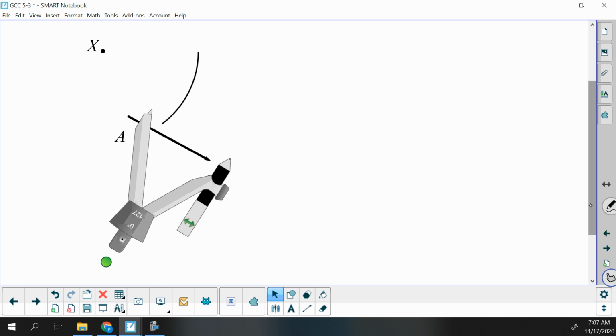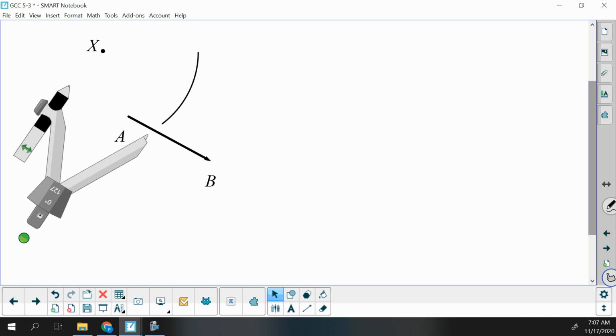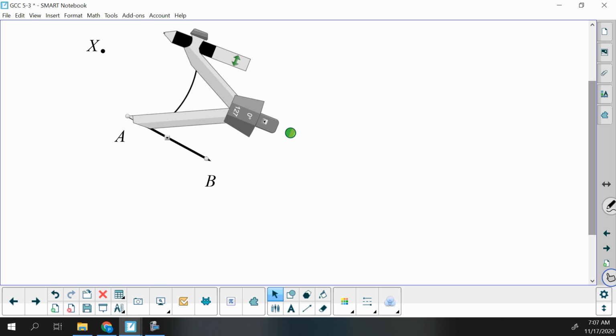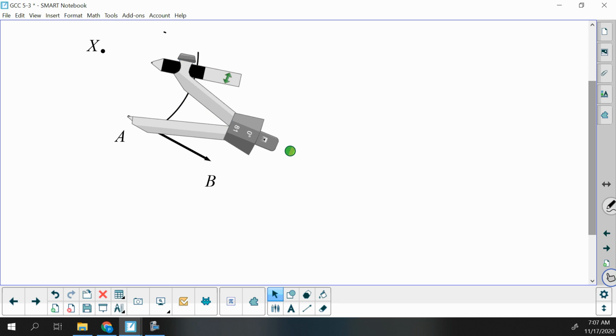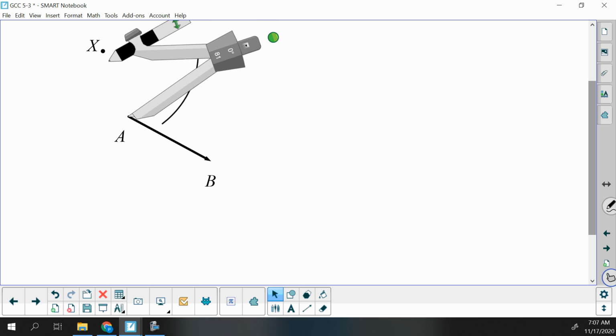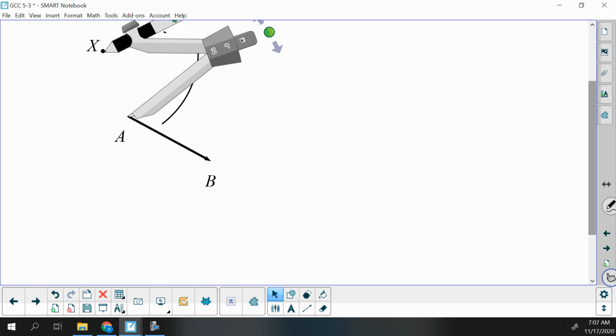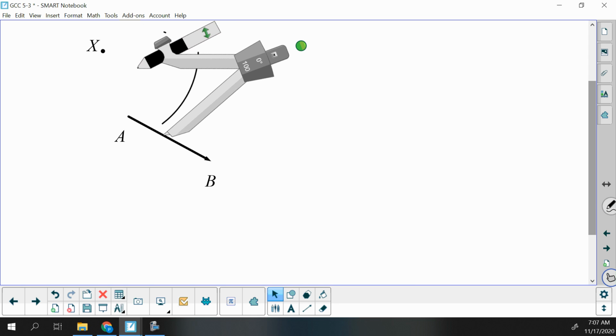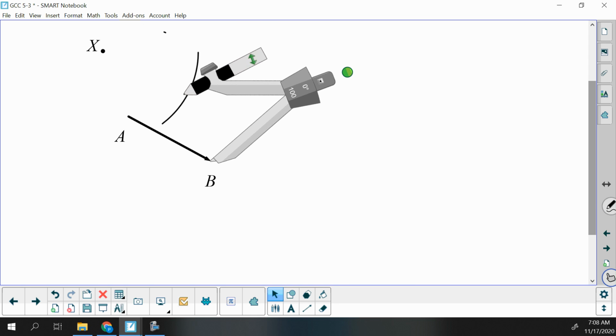The next step is we need to set our compass to the length from A to X. So put your point on A, put your pencil on X. Okay, point on A, pencil on X. Once you have that, we're going to move down and put the point on B and put it right on the tip of the arrow.